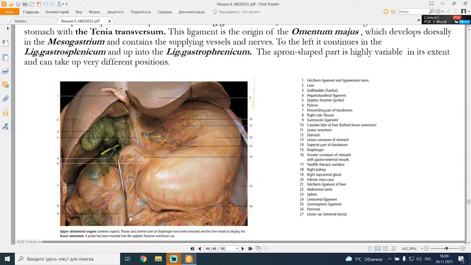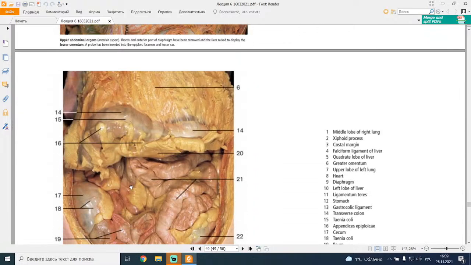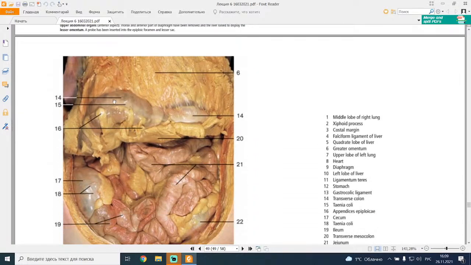What you see: gastrocolic ligament, the great omentum, transverse mesocolon, transverse colon. This is the great omentum, omentum majus.